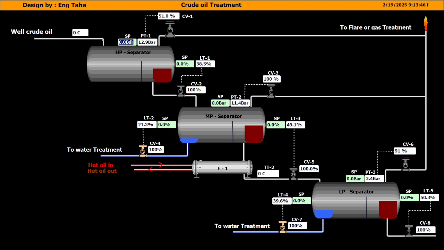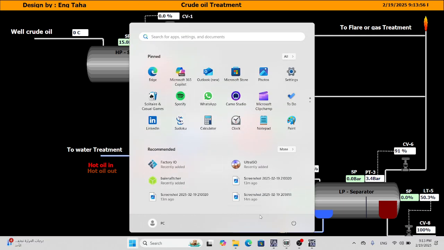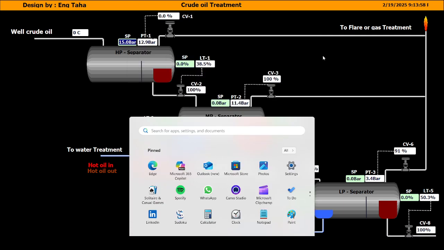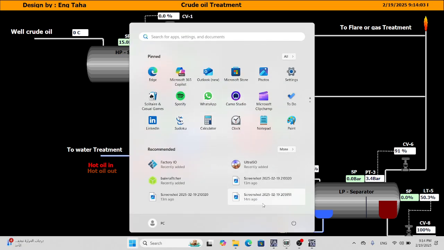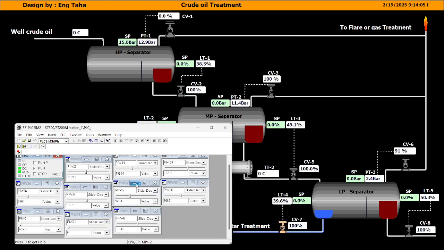I will enter 15 bar for this process. This is the high pressure separator, and I will raise the pressure.